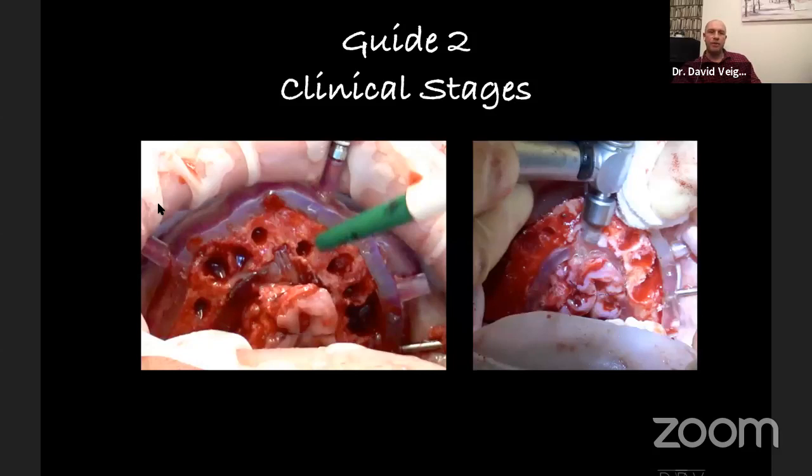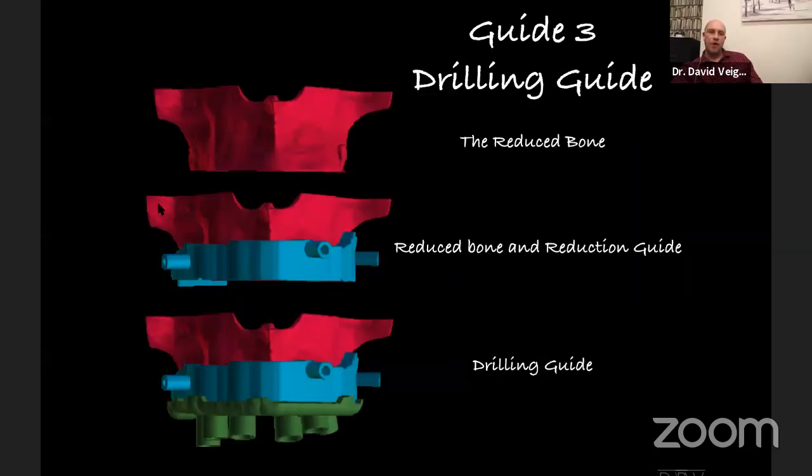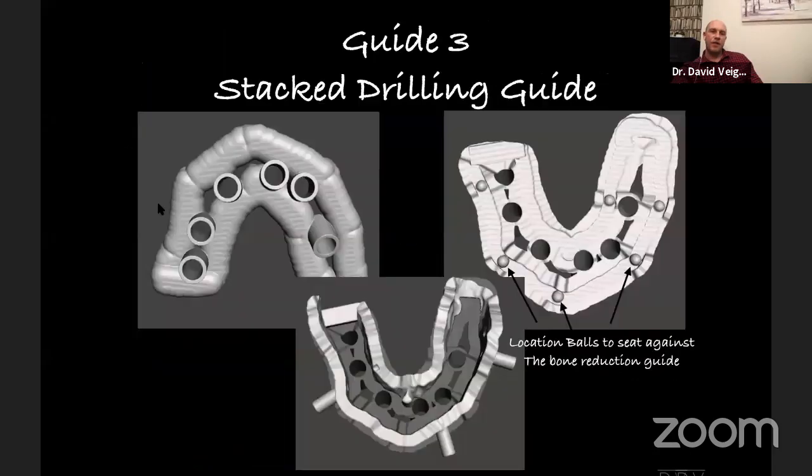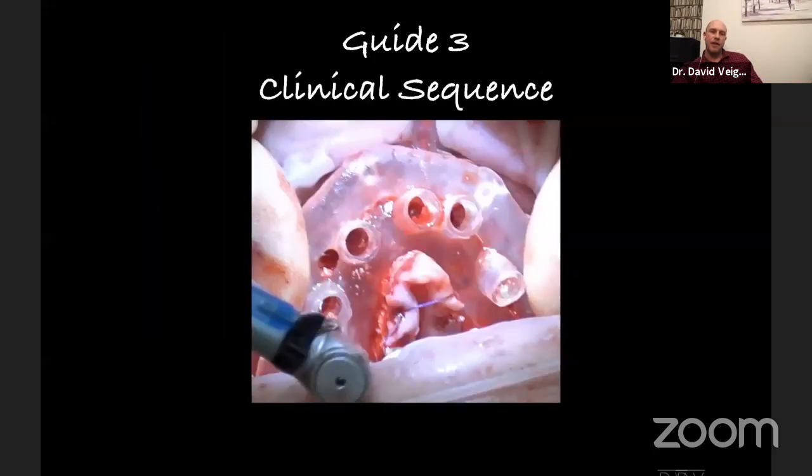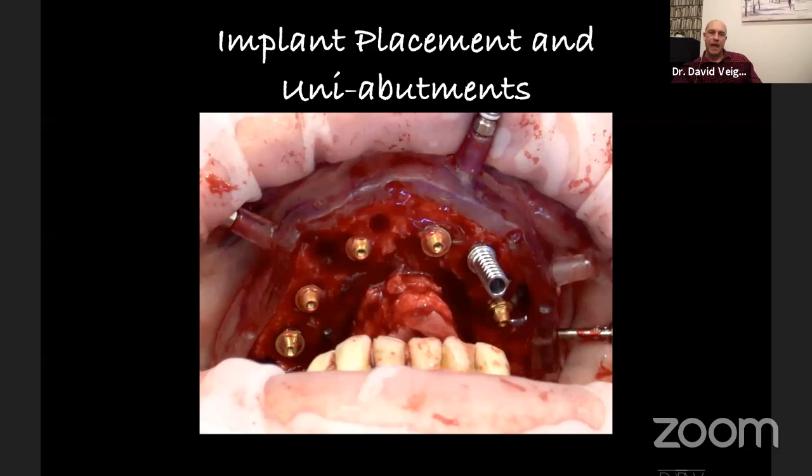Okay, so cut all the bone down, and there it is. Drill your osteotomies with a guide that's referenced to the original pin positions. Make all the holes, and then place your implants. Now, this next bit is, for me, probably the most important bit, is that I want to be able to make a reference to where my future immediate load prosthesis is going to be as well.